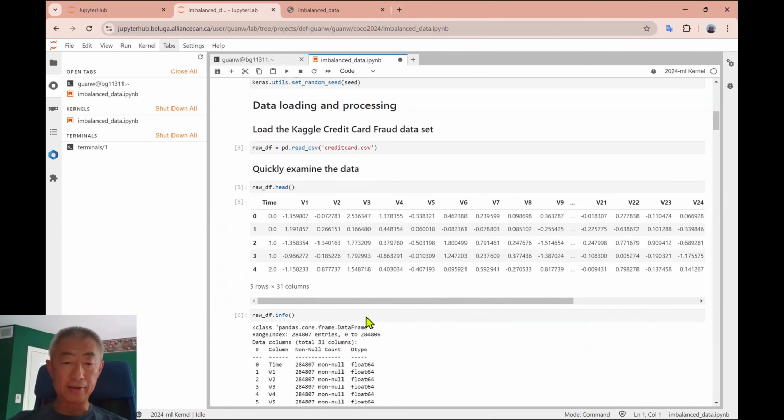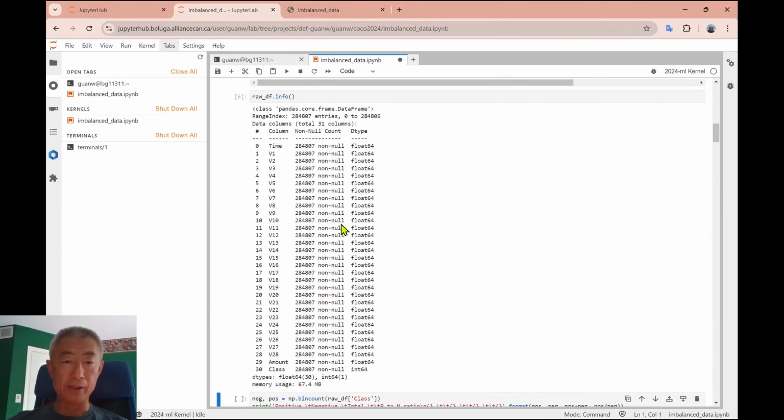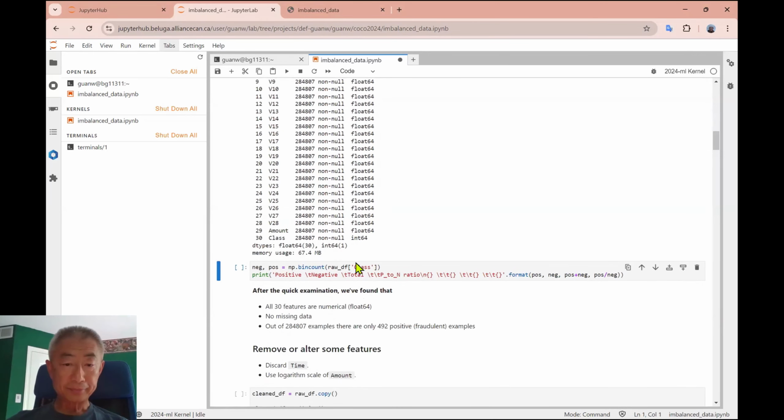So we get the summary of the data frame. We just loaded it in. We see we have 284,807 entries, and we check each column. We see there's no missing data. That's good. All the features are floating point data, except the last one, the label, which is an integer. It's either 0 or 1.